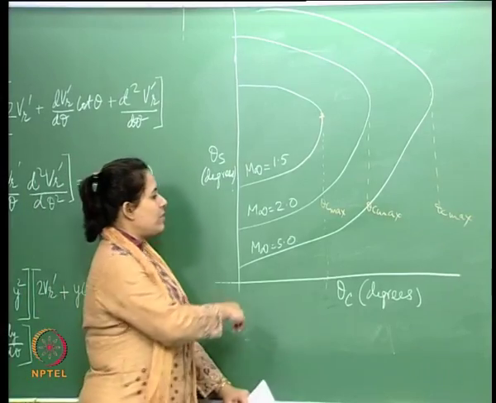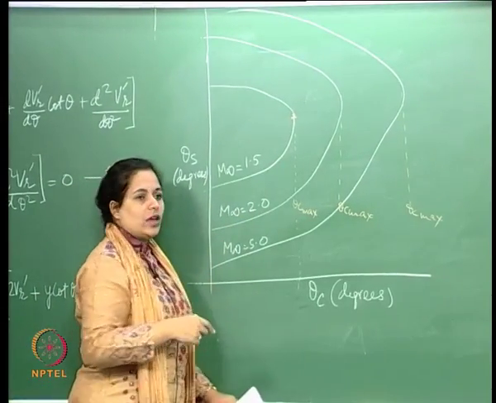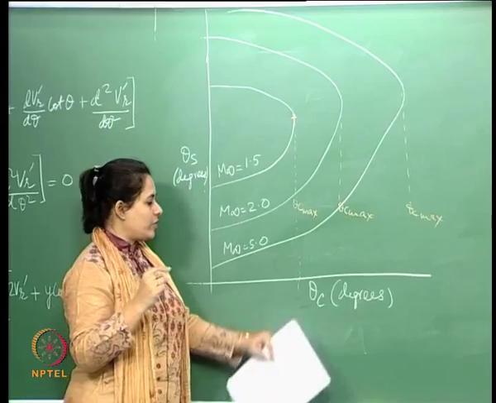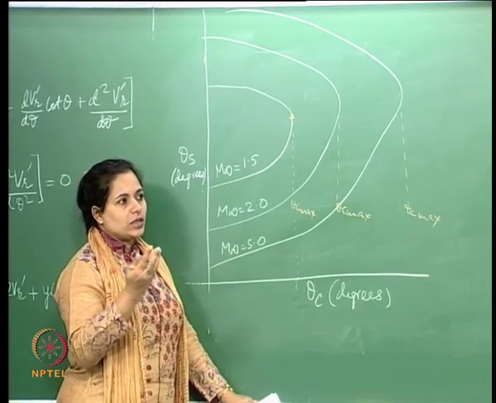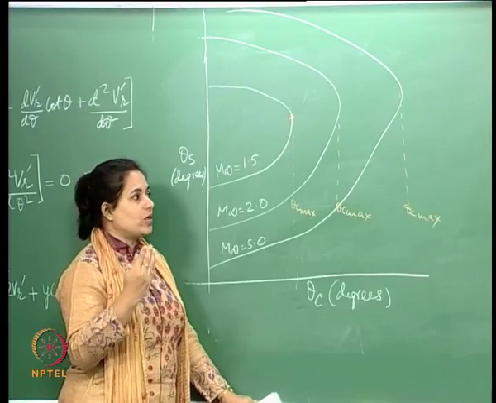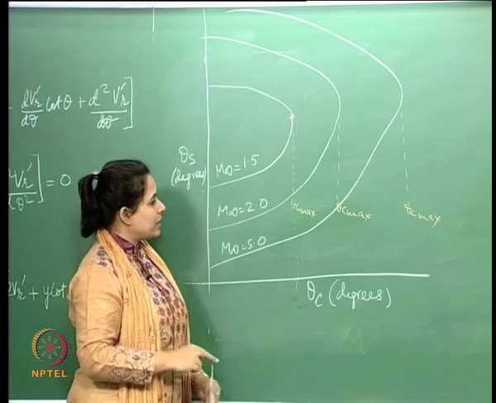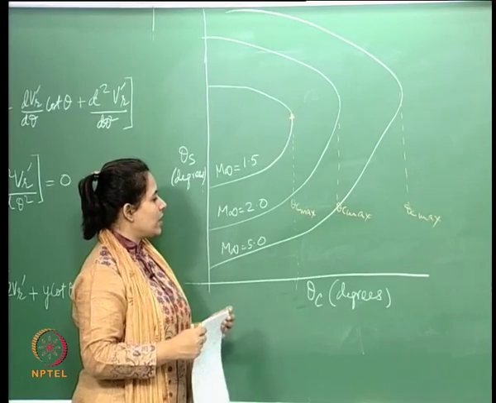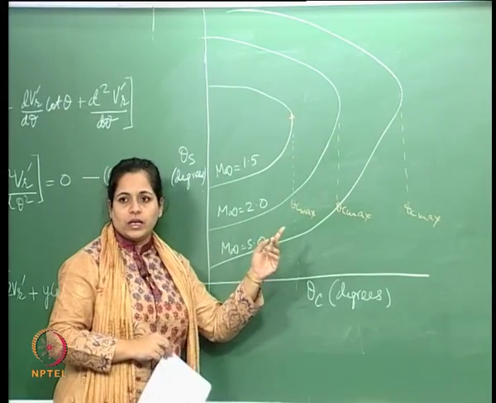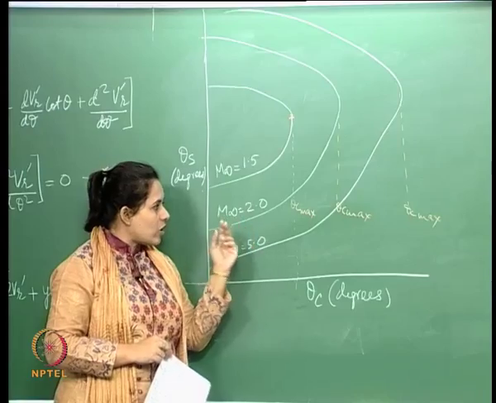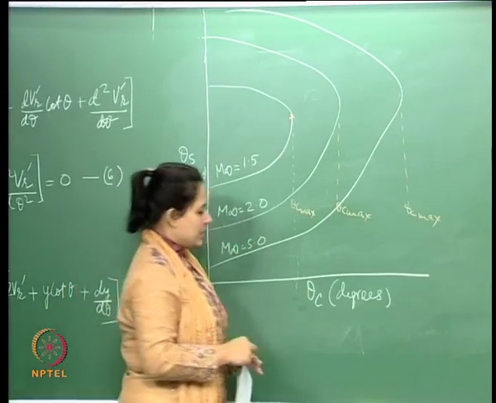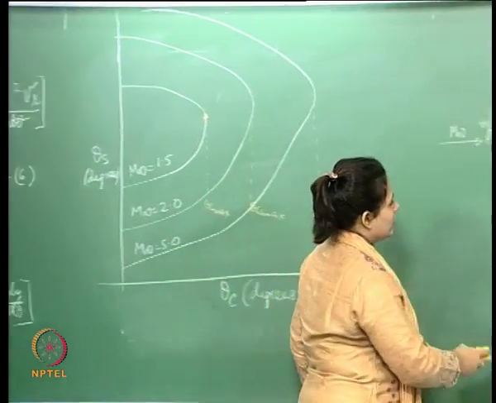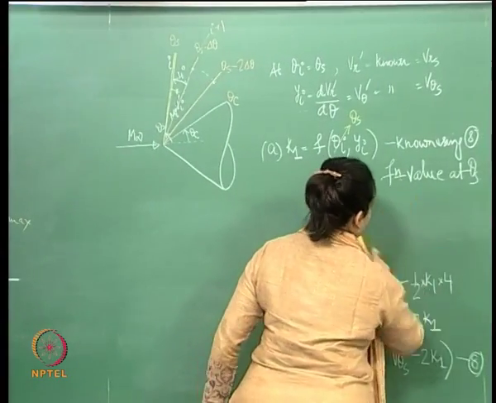Okay. For the same Mach number, for a smaller value of theta c, the shock is going to detach when it comes to a wedge, right? Whereas for the cone, for the same Mach number, the shock is going to be attached for a larger theta c. Okay, so if I were to do a bit of a comparison, okay.